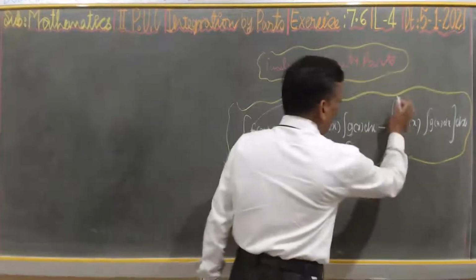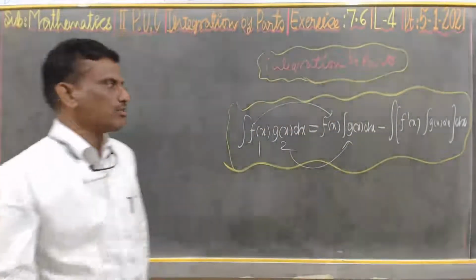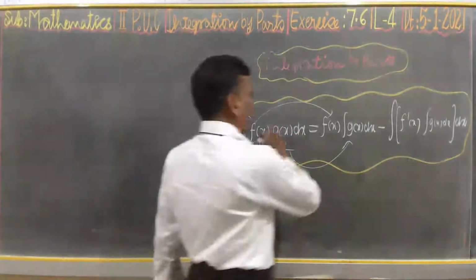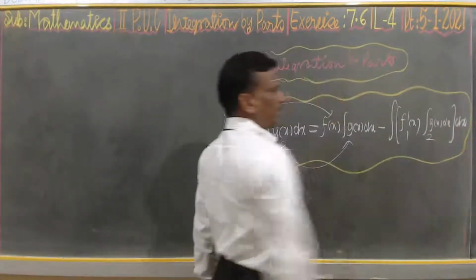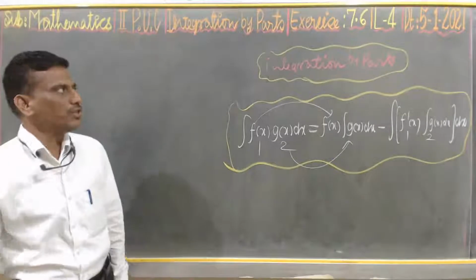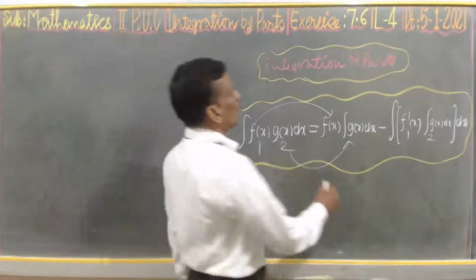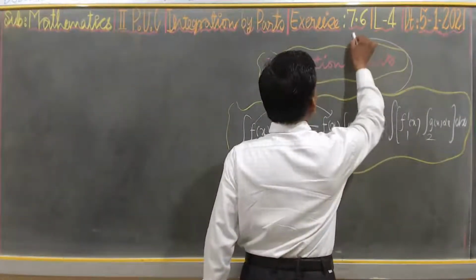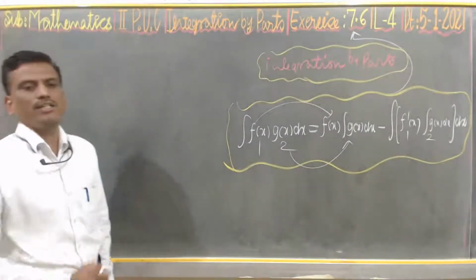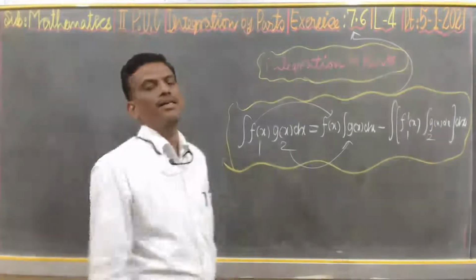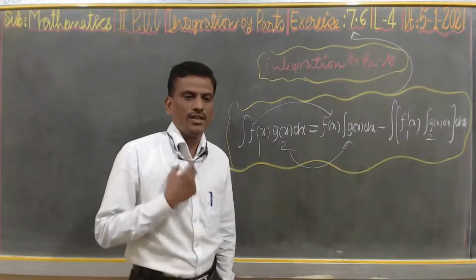Then, according to the formula, we write the integration symbol, and take the derivative of the first function and the integration of the second function. This formula plays an important role throughout exercise 7.6, which is relevant to integration by parts in the chapter on indefinite integrals.